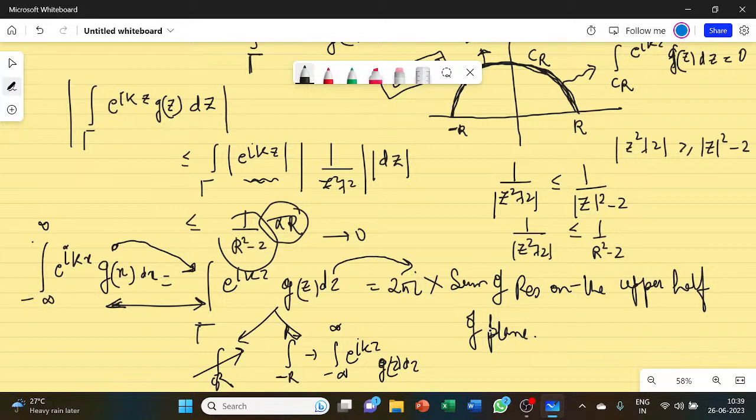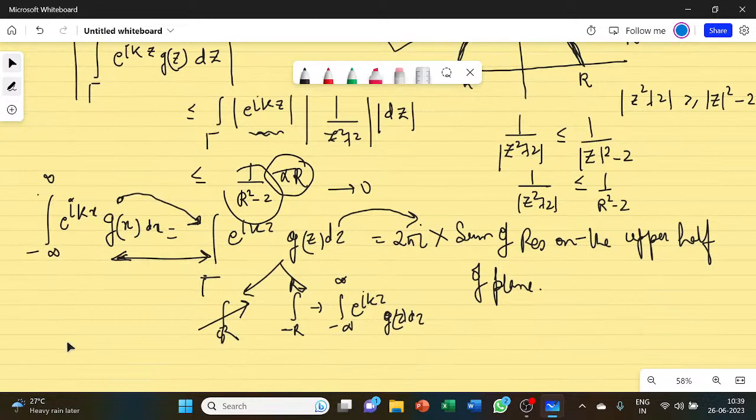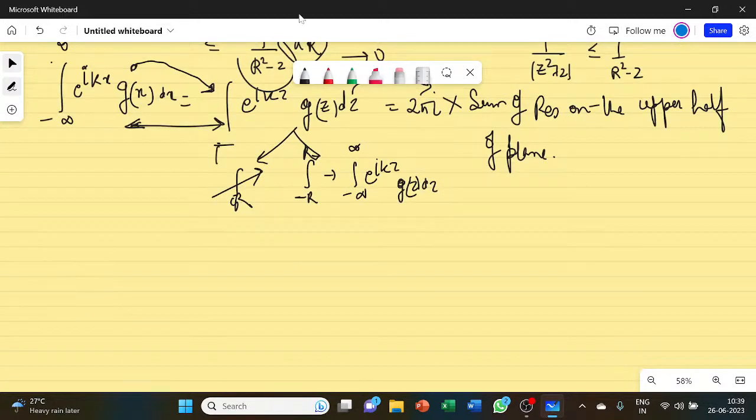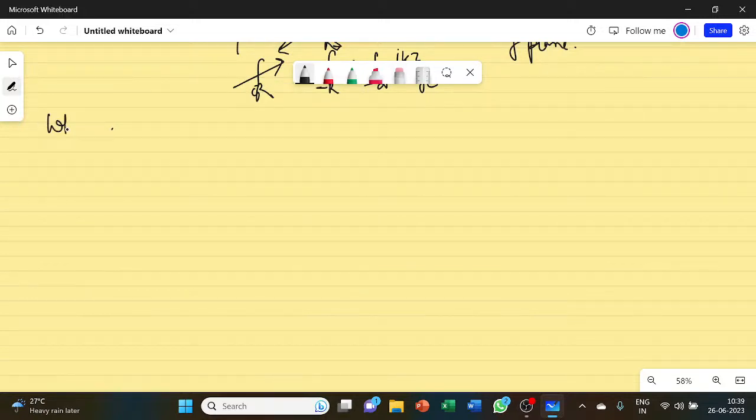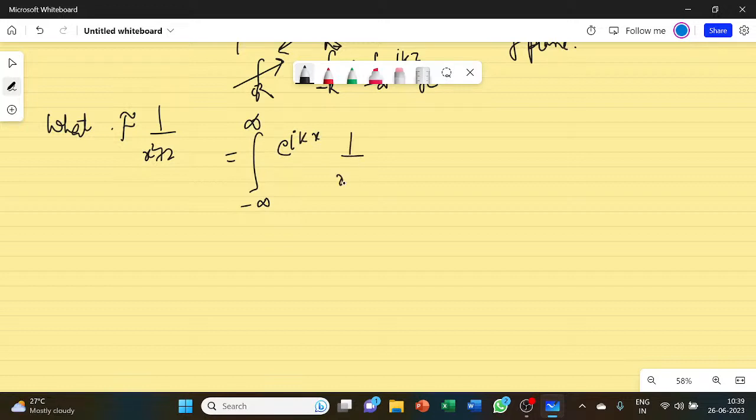Okay, and when students evaluated using this, so now let us come to the main problem. What students did was try to do this particular thing using this. So basically, how to find this Fourier transform? The Fourier transform of 1 upon x square plus 2 would be equal to the integration from minus infinity to plus infinity of e to the power iota kx and 1 upon x square plus 2 dx.